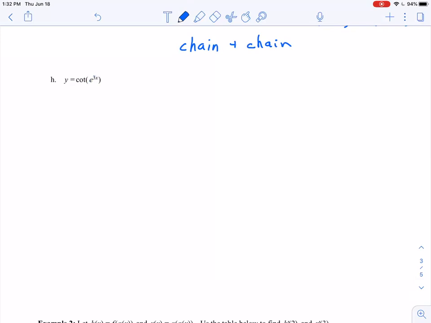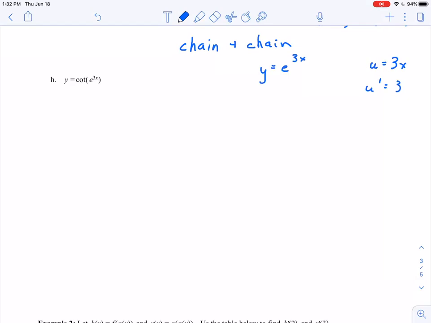Let's say I'm working with y equals e to the 3x power. I'm going to pick u equals 3x, right? That would be my inside part. U prime then is just 3.